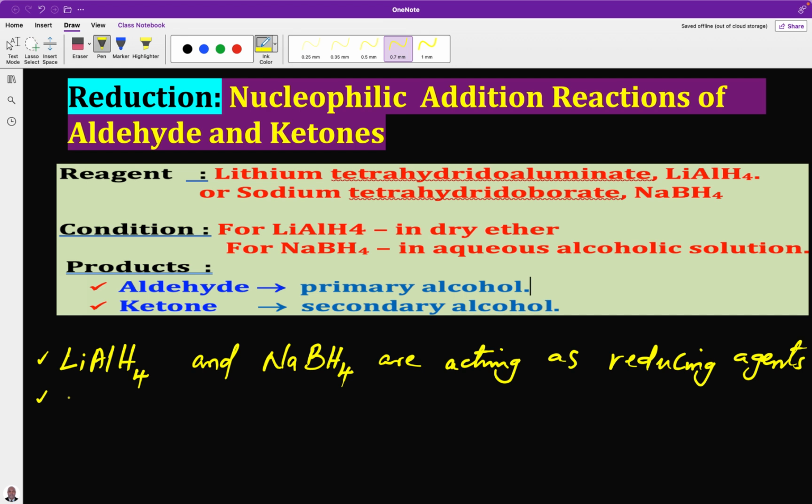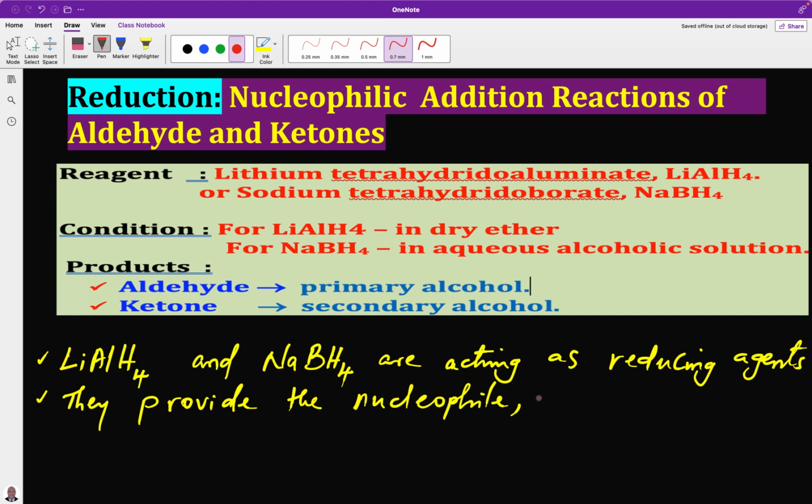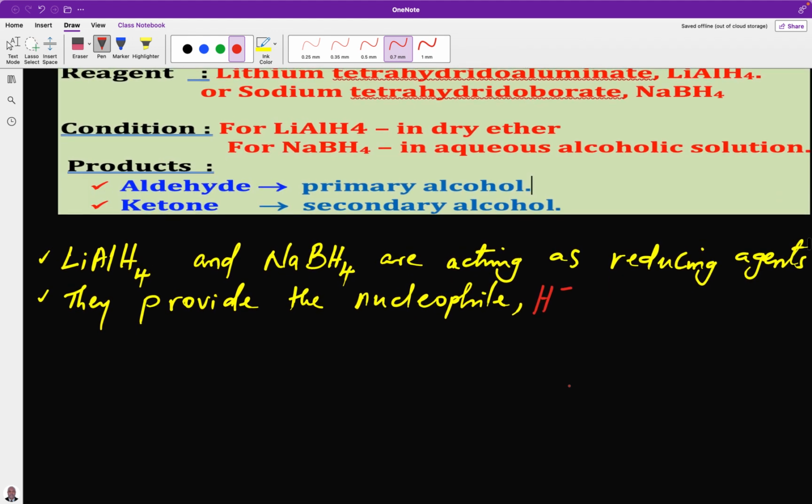Two, they also provide the nucleophile. This is the nucleophile.